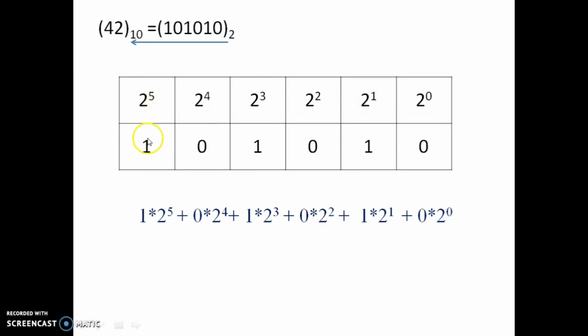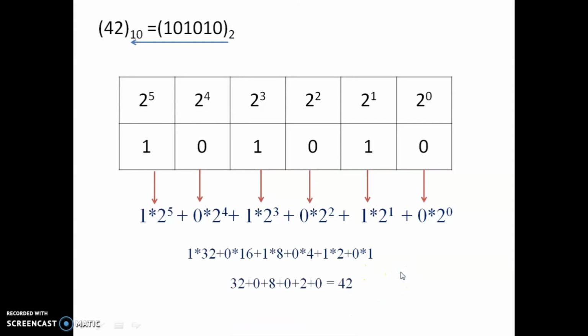Now multiply each digit with its position: 0 into 2 to the power of 0, 1 into 2 to the power of 1, 0 into 2 square, 1 into 2 cube, 0 into 2 to the power of 4, 1 into 2 to the power of 5. We get: 1 into 32, 0 into 16, plus 1 into 8, 0 into 4, 1 into 2, plus 0 into 2 to the power of 0, that is 1.